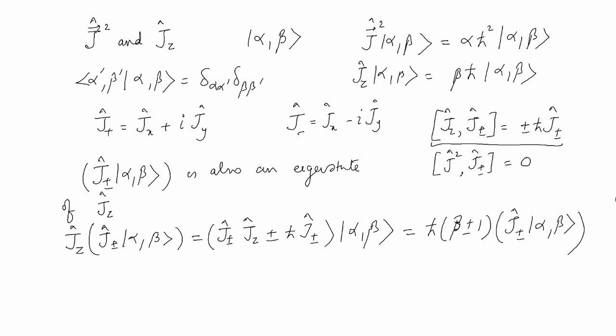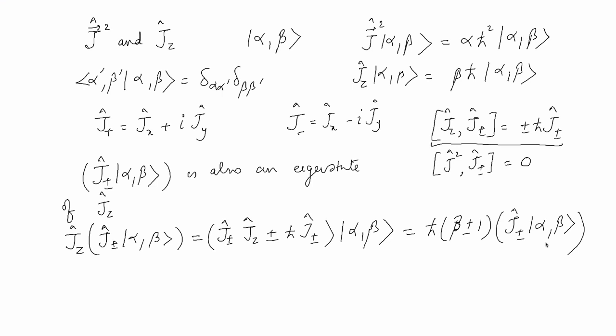Therefore, what we see is that when J plus minus acts on alpha beta, it does not affect the first quantum number, but it changes the second quantum number by 1 unit.